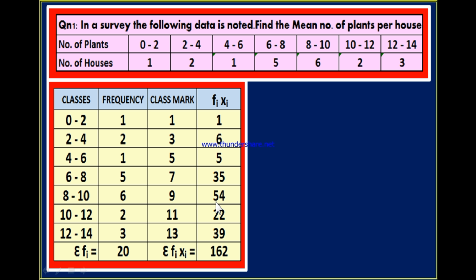The difference is always 50. Therefore, you add 50 to this. 225 plus 50 is 275. 275 plus 50 is 325. 325 plus 50 is 375. 375 plus 50 is 425.